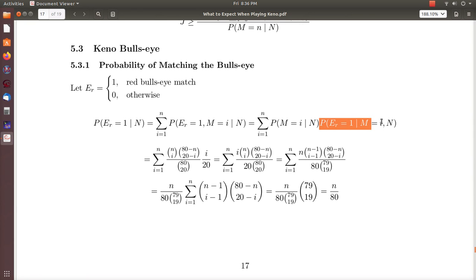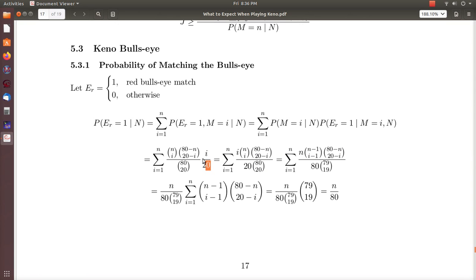And then here, the probability of matching a red bullseye, given that we know the number of matches and we know how many spots we picked, is I over 20, right? We have 5 matches, for instance, or I matches, I should say. And then there's 20 in the sample that we're picking from, so the probability of a match is I over 20, and that's this piece, this ratio here.